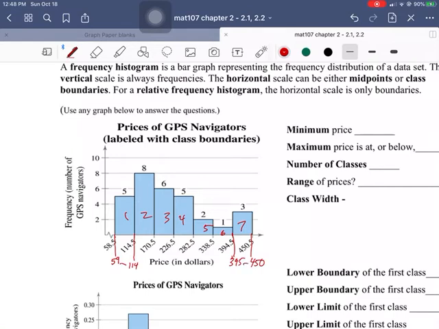So the last class was the class limits between $395 and $450. There was 3 of those. Okay, you can see that this is the most common. We had 8 in this price range from $114 to $170. Seems to be a more typical price. But then you have higher ends and lower ends for that.